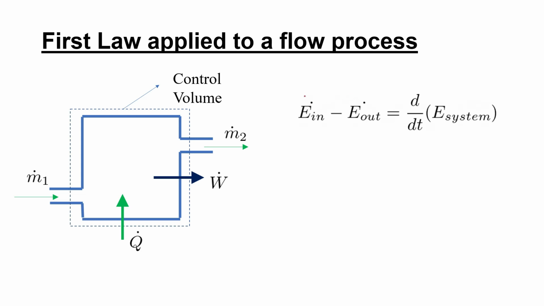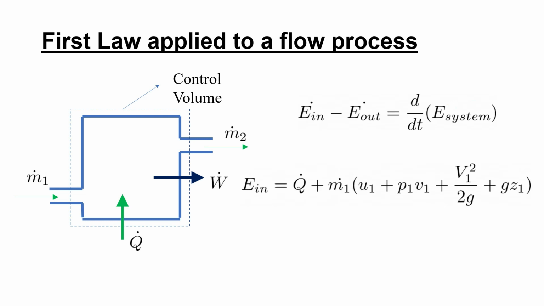Again, when you apply the first law to this flow process, E dot in minus E dot out, that is, energy coming in per second minus energy going out per second, is equal to d by dt of E system, the energy of the system.